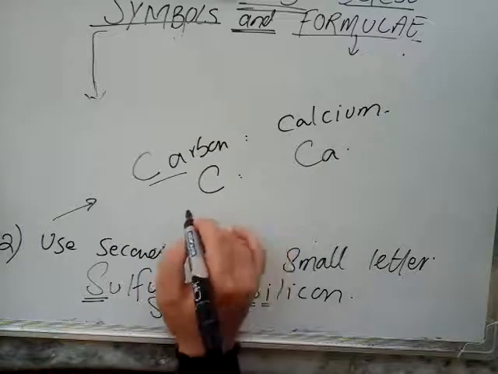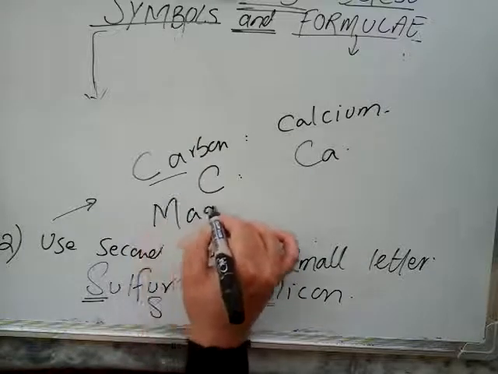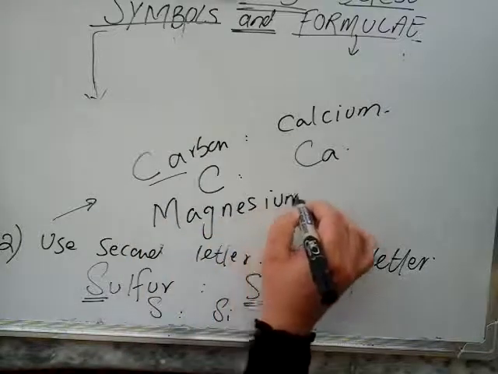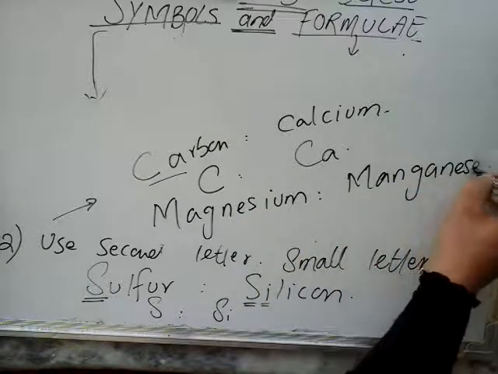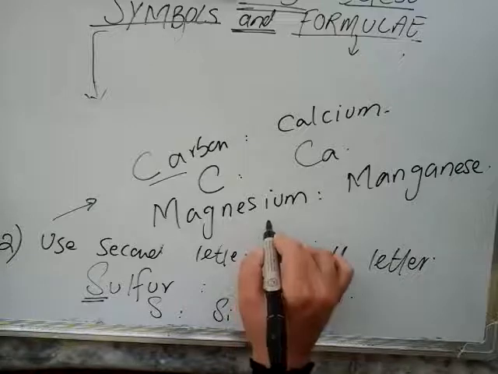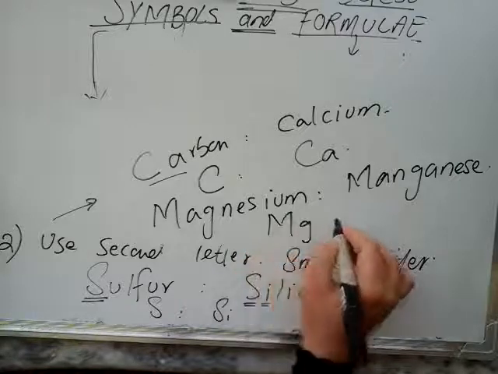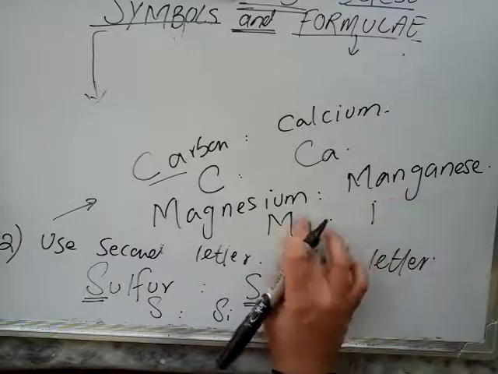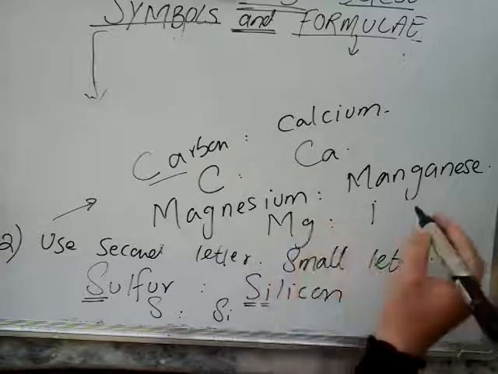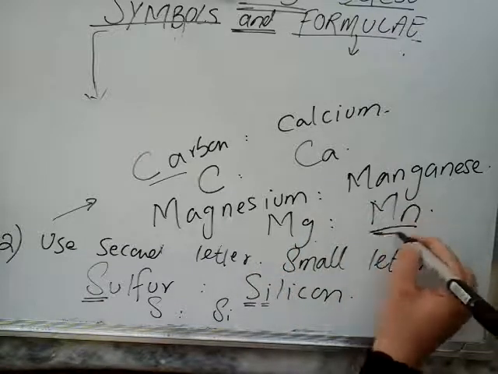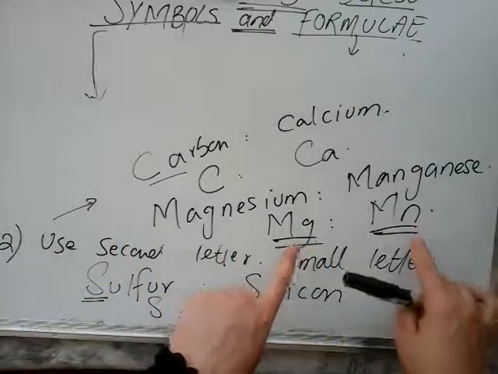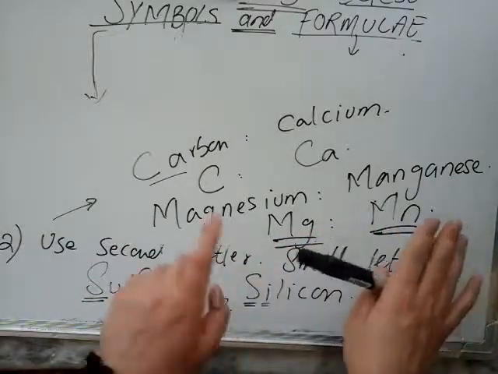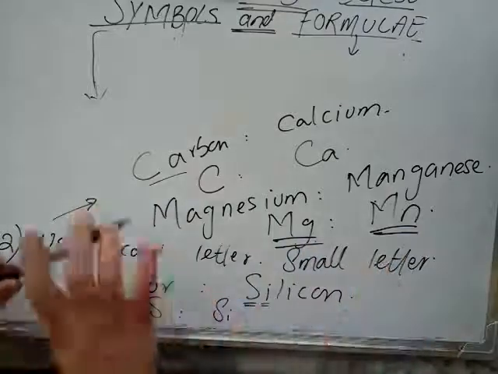Then for example, magnesium and manganese, both are metals. Magnesium is Mg and manganese is Mn. So the second letter is also sometimes used in order to differentiate between elements. This is the second point.